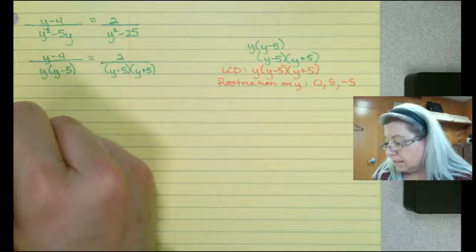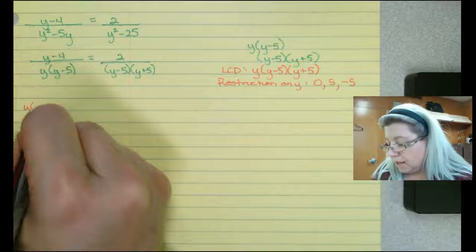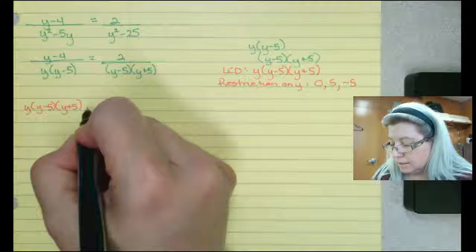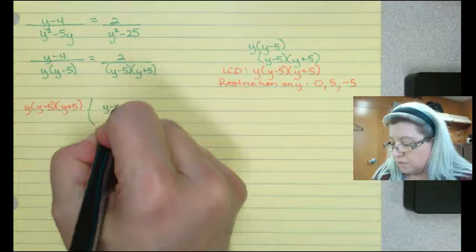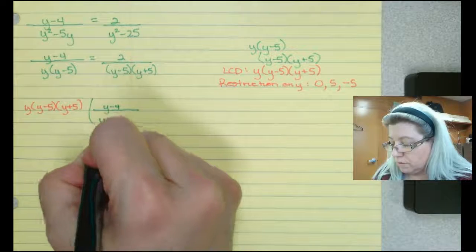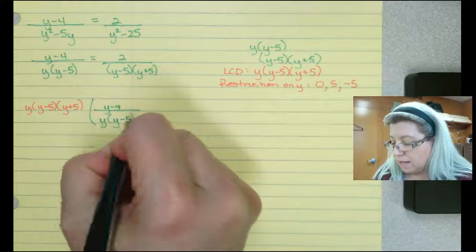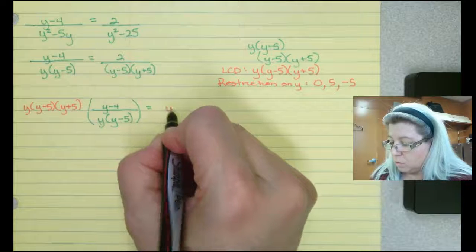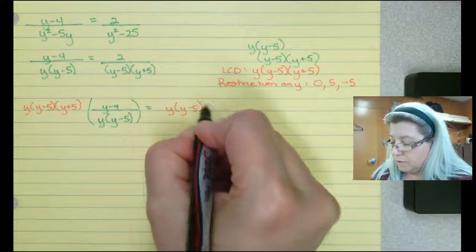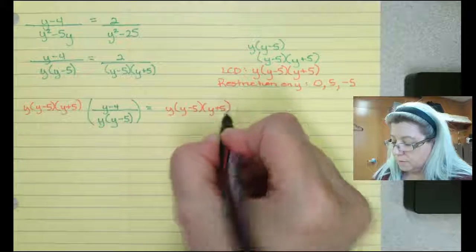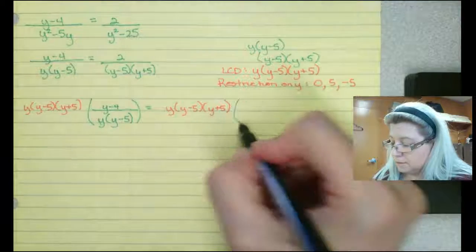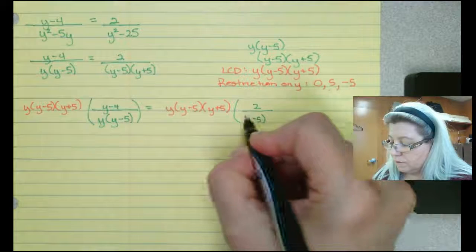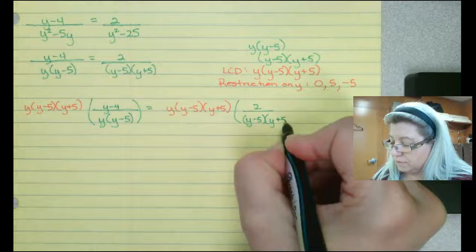Right, the LCD is y minus 5, y plus 5, times y minus 4 all over y minus 5 equals our LCD, y minus 5, y plus 5, times the right-hand side of 2 all over y minus 5, y plus 5.